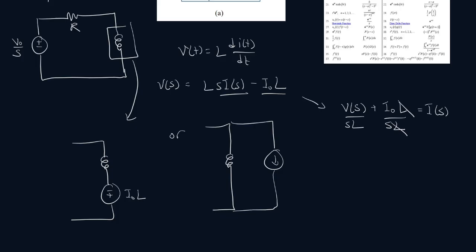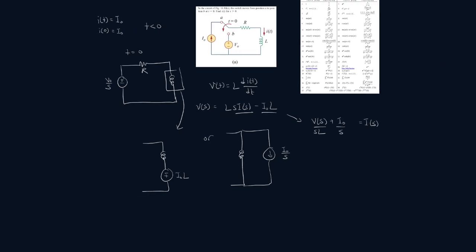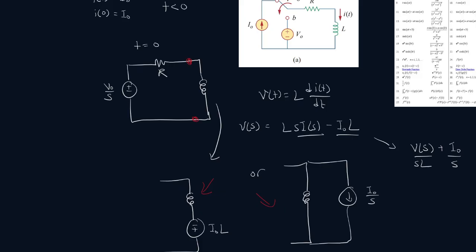So this and this cancels out. So the current source would be IO of S. Okay? So we would pretty much replace these two ports with either one of these two. It's up to you which one you want to work with. But let's work with this one because we could just do one mesh and be over with.